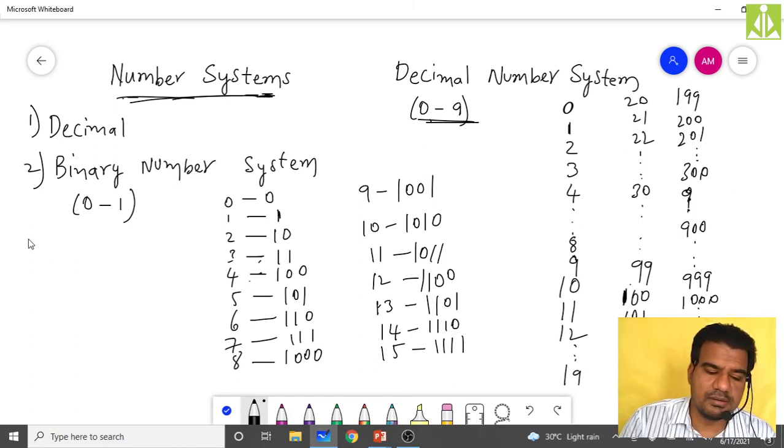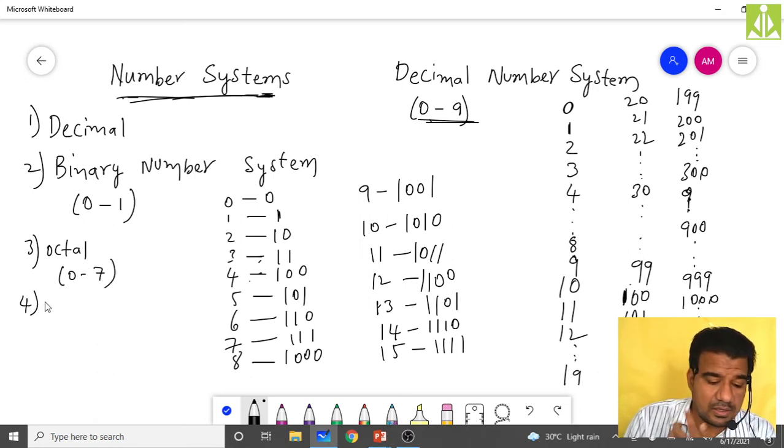Then the third number system which we have is octal. Here we are going to have only 8 digits, that is 0 to 7. Then we have the fourth one, hexadecimal.